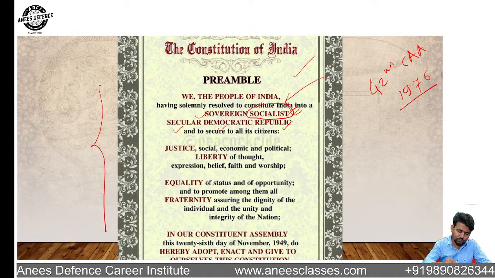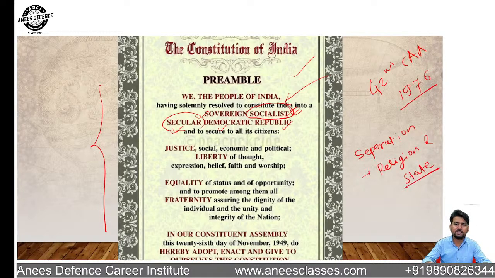Then after socialist, we come across the word secular. See, there is no universal definition of secularism, but we can compare two types of secularism. For example, we have Western secularism and we have Indian secularism. If you go into the depth of Western secularism, there you will see complete separation of religion and state.